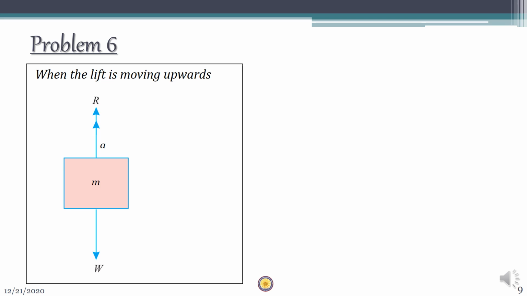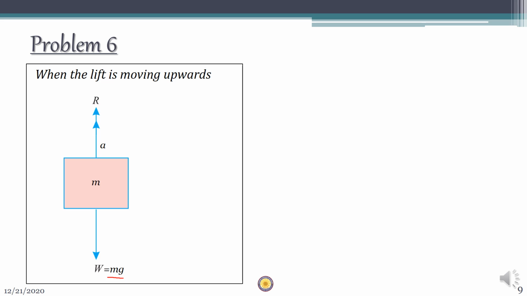Let's say that R is the tension or pull in the cable which is lifting the lift, and of course due to mass the weight always acts downward and its magnitude is W equal to m into g. This system is in a dynamic state because it is moving upward with an acceleration of a.